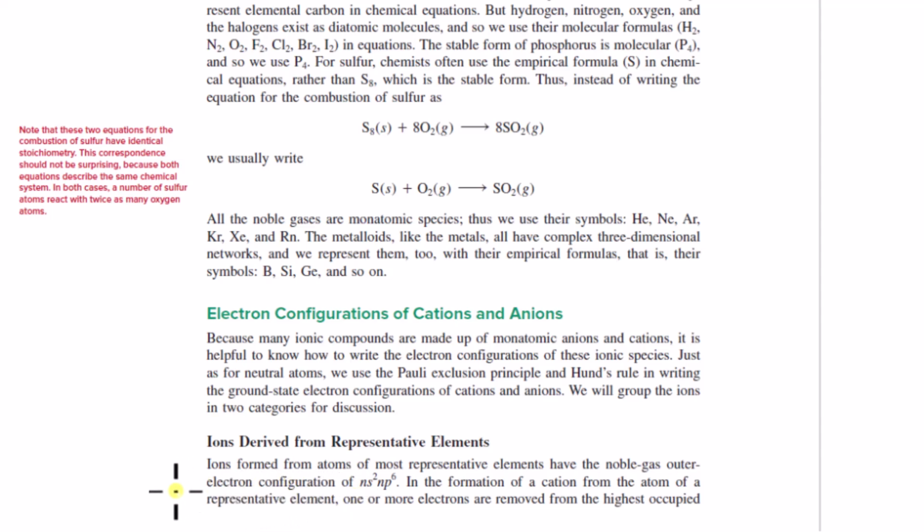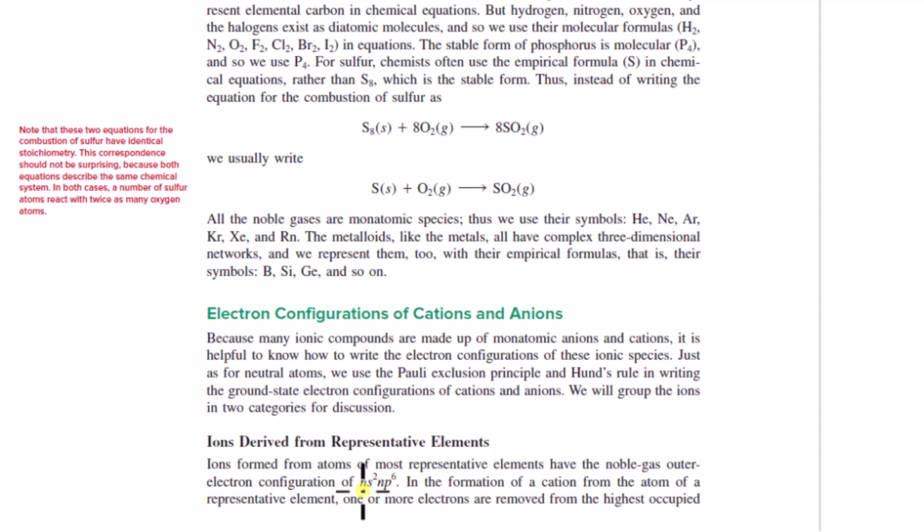So yeah, if you're dealing with an ion of a representative element, the reason it can create an ion is because it has a desire in some circumstances to have that noble gas configuration, the entire s orbital and p orbital of the highest principal quantum number filled up, right?